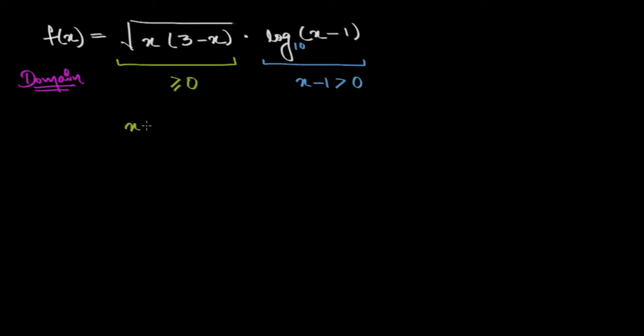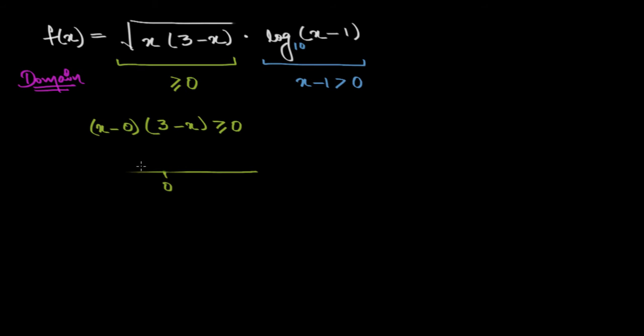So if x times 3 minus x is greater than or equal to 0, this means that, let us draw a number line. Actually this x can be written as x minus 0, and here we have 3 minus x.